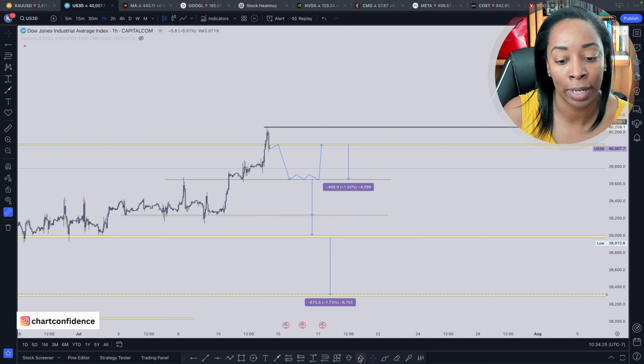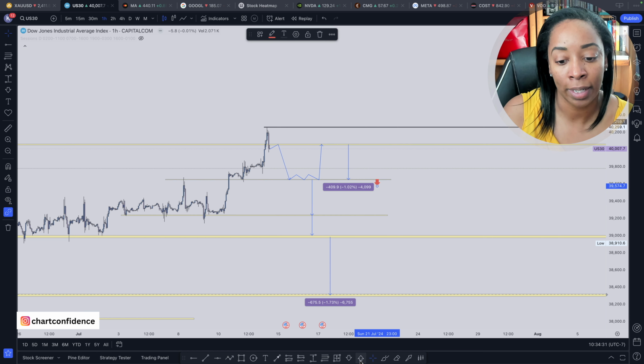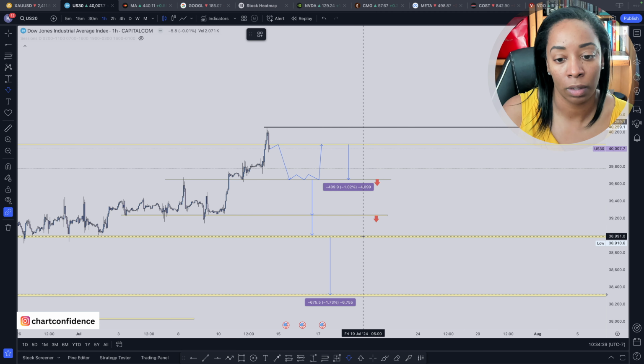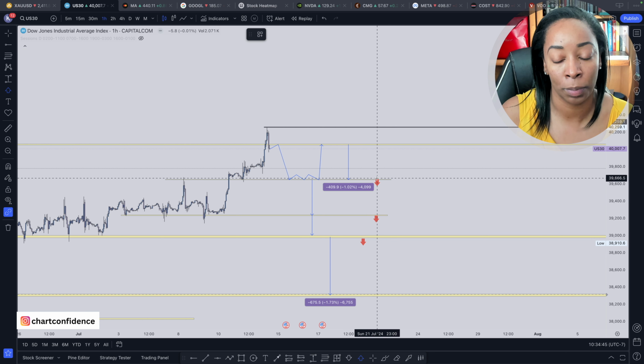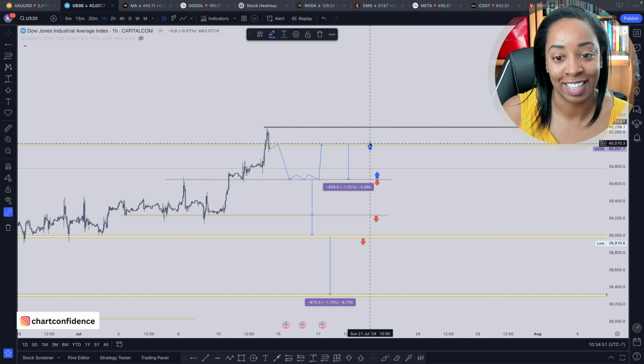So let me put my little arrows so that it's very apparent what my hypothesis is for this market. So sells below here. Sells below here. And also sells below here. So this is that. Okay, cool. And then I'm very bullish in this market, so I would be looking for buys above here, and then also buys above here.